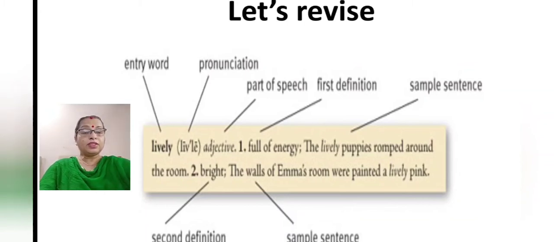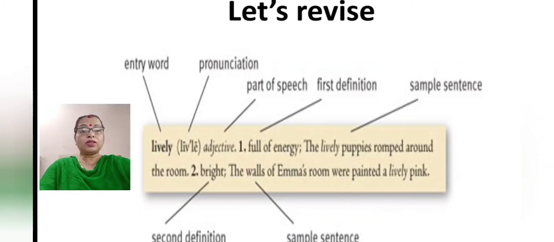That tells you how to pronounce the word. So the first syllable is stressed. And here you will find that the pronunciation is within brackets. In the earlier picture we saw it within slashes. So in some dictionaries it will be within slashes or within brackets.